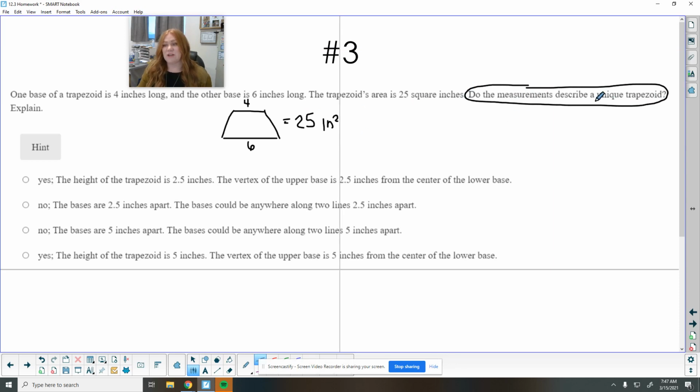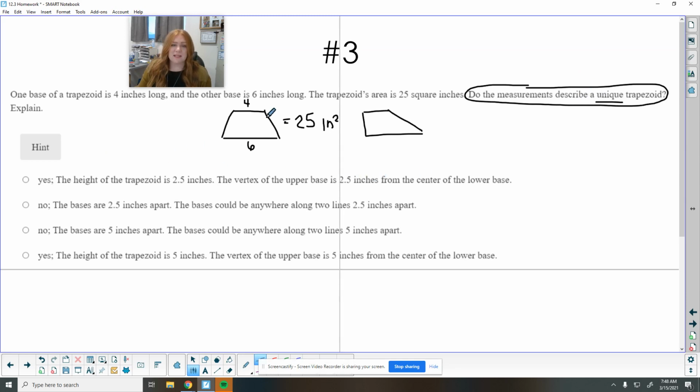So this question, if you remember, we did one like this with the triangle. It's asking, is there another way that I could draw this trapezoid, or does it have to look like this? Or could it maybe look like this, or the other way? So is there only one way to draw this, or can I draw many different ways?